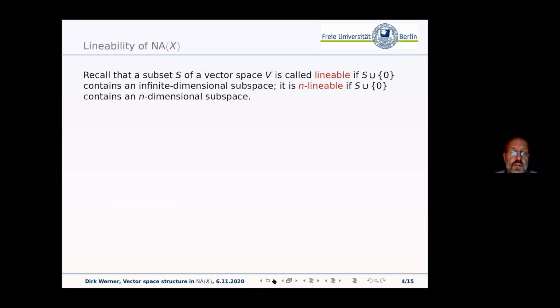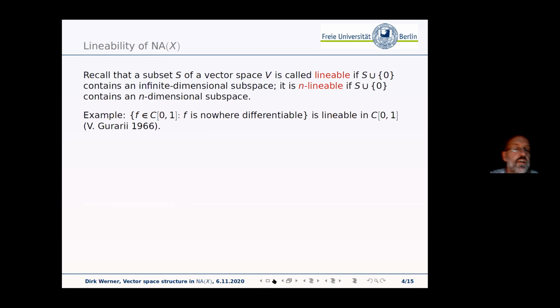The first and maybe most interesting example of this kind was given by Gurariy in the 60s, who proved that the nowhere differentiable functions are lineable in the continuous functions. And of course, here one has to add the 0 to make this work.